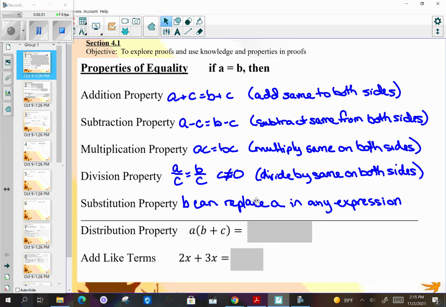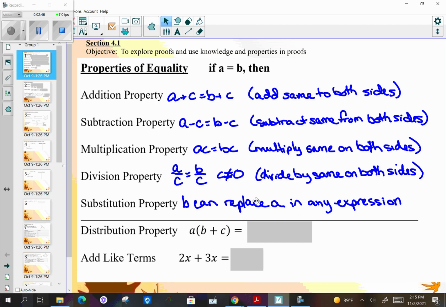We can substitute it. So B can replace A in any expression. So those are our properties of equality: the addition property, subtraction property, multiplication property, division property, and substitution property. All of them you've used at some point in algebra.